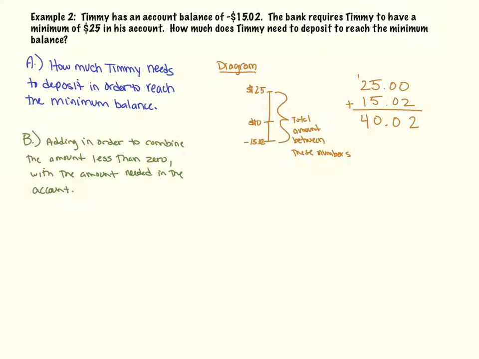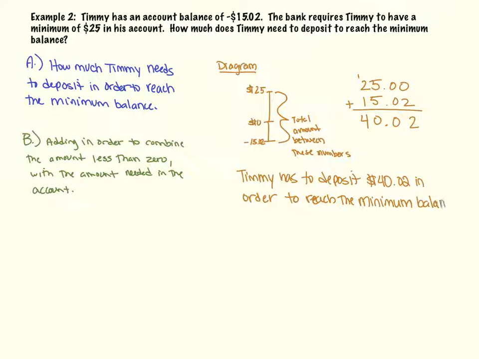So in this case, Timmy has to deposit $40.02 in order to reach the minimum balance. And that is usually the case for all banks.